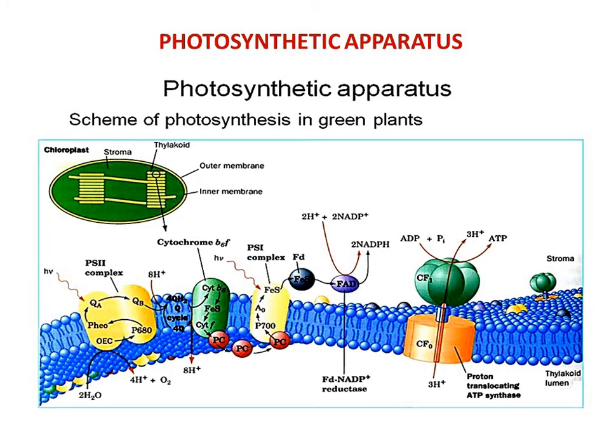After the reduction of FAD, the protons are accepted from the stroma region of the chloroplast, and the coenzyme NADP is reduced to NADPH. This is one assimilatory power that is synthesized during the light reaction of photosynthesis.